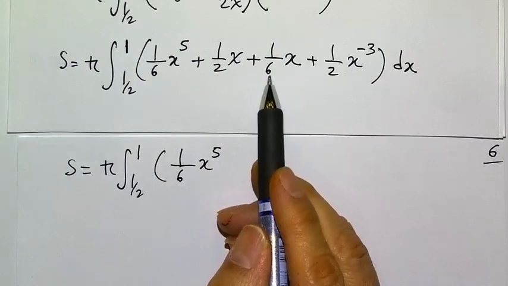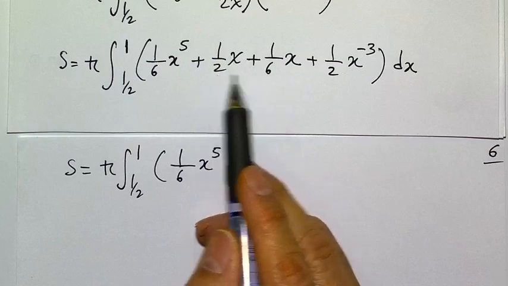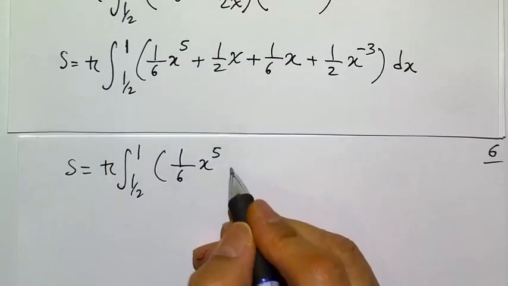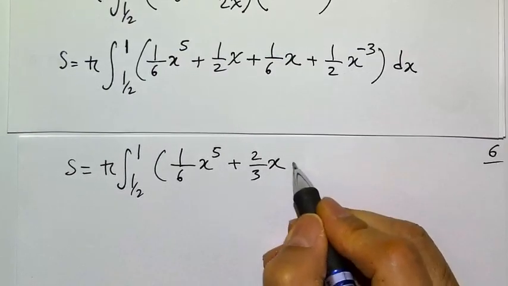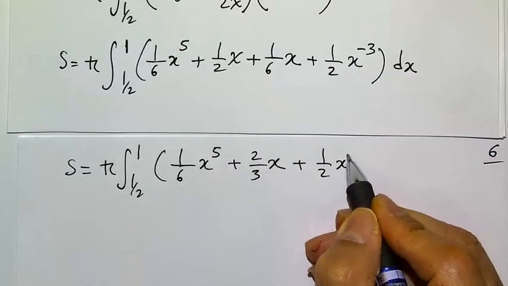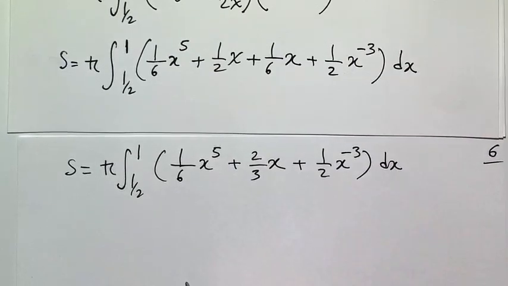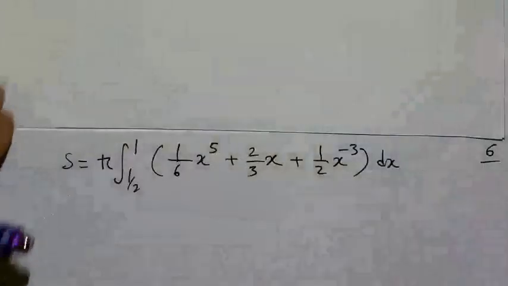So the common denominator would be 6, and then 3 plus 1, 4/6, or 2/3 x, plus 1/2 times x to the minus 3 power dx. Okay, so this is pretty straightforward to find the integral of. Let me remove this.